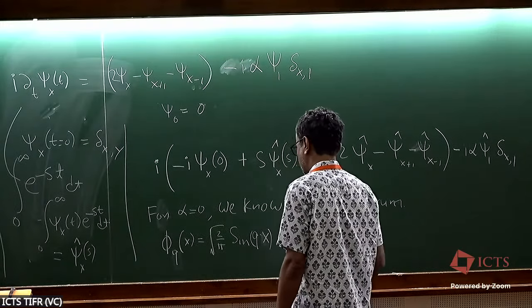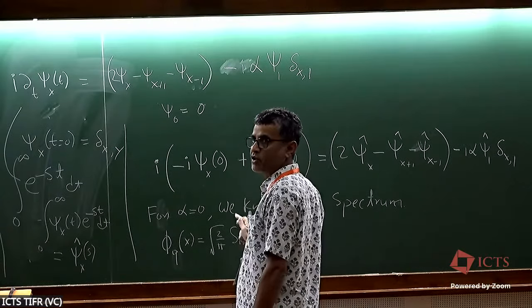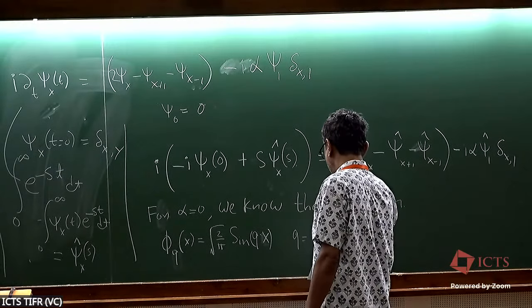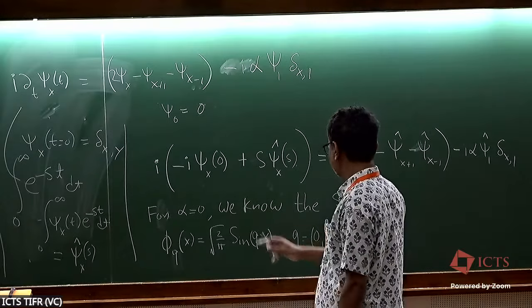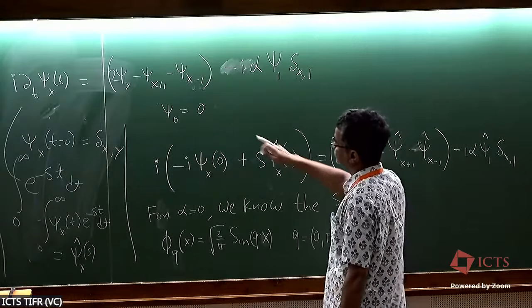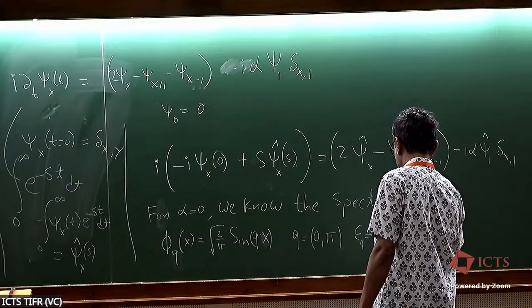And Q is not from minus pi to pi, but 0 to pi, because it's the positive half. These are the eigenstates, and the eigenvalues will be epsilon Q, and just from here it's clear that it's 2 times 1 minus cos Q.